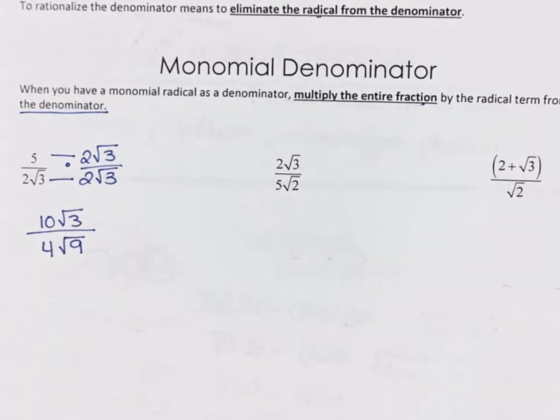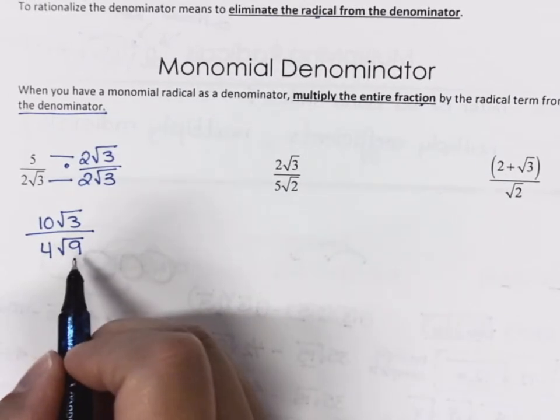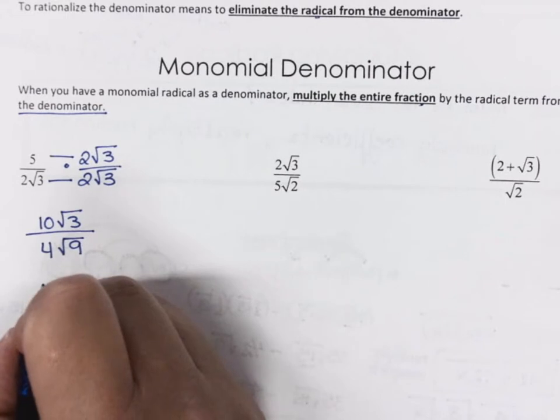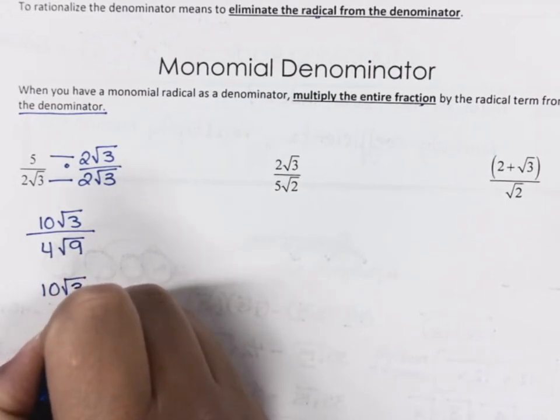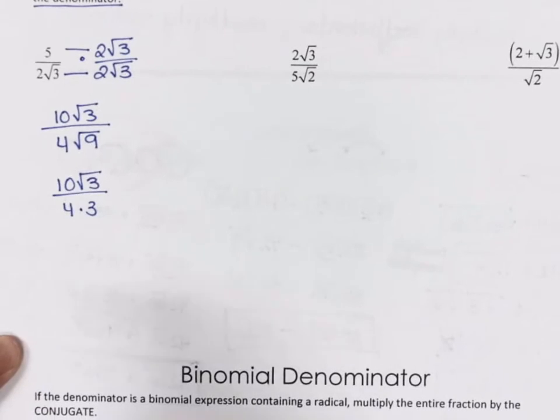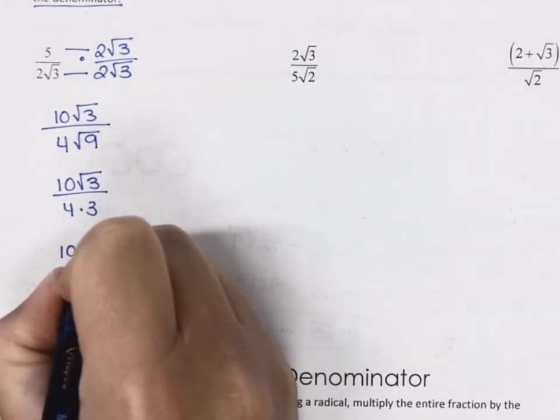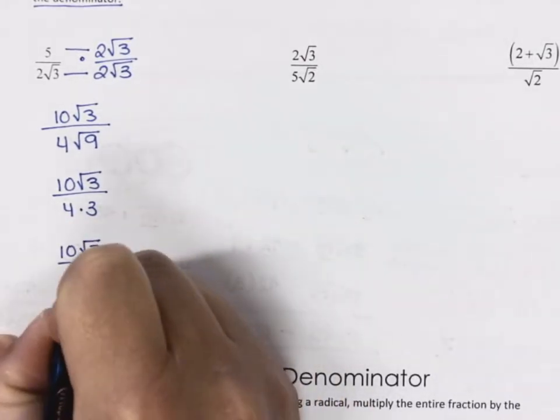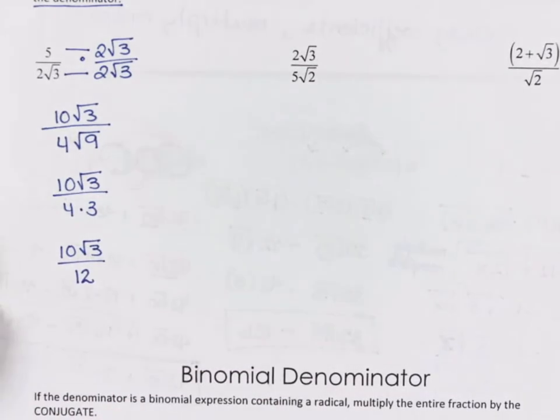What can we do there? Our goal is to get no radicals on the bottom, no root signs on the bottom at all. So can I take the square root of 9? Yes. So I have 10 root 3 over 4 times 3. So I have 10 root 3 over 12.